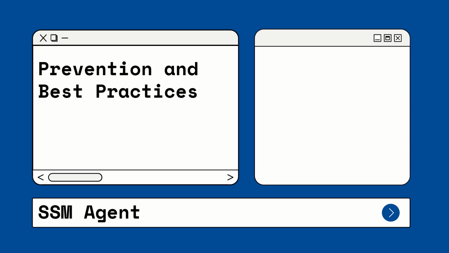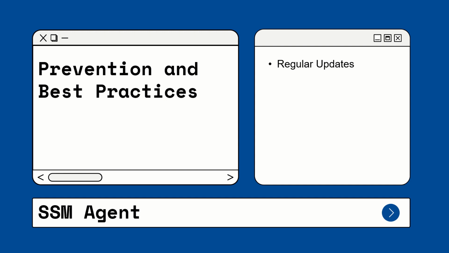Now it's the prevention and best practice time. The good news is that you can take proactive measures to defend against the SSM Agent Takeover attack. Here are a few best practices to implement. First is regular updates. Ensure that your SSM agent is always up to date with the latest release.